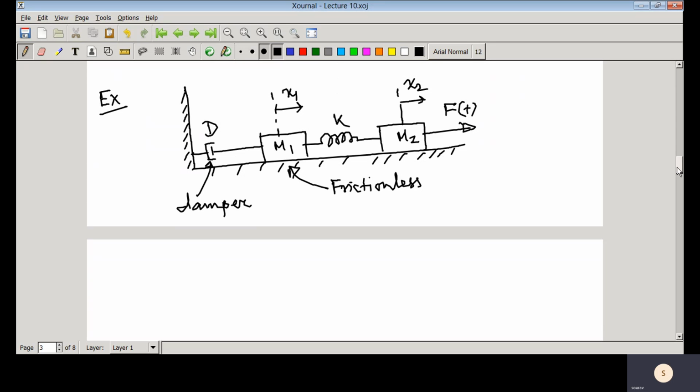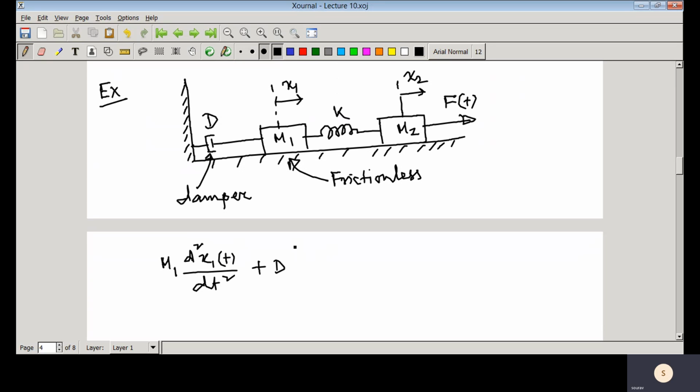So I'm just writing directly. If you have some problem in understanding the dynamical equations, I suggest you see your first year class notes on mechanics. Here for the first mass, the dynamical equation would be m1 d2x1(t)/dt2, then D, the damping force directly proportional to the velocity here, and this is the spring, the force due to that spring.